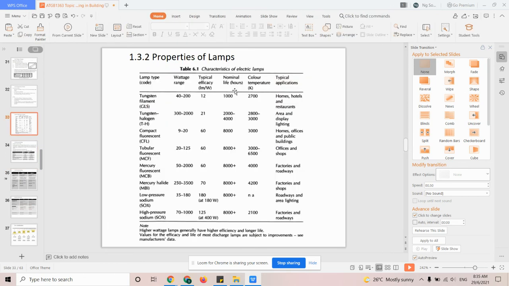Okay, so next we have our properties of lamps. Here, this table shows you different lamp types. Based on these lamp types, we have the different voltage range and how efficient it is, and then how long they last, and what is their color temperature, and where they are usually applied.